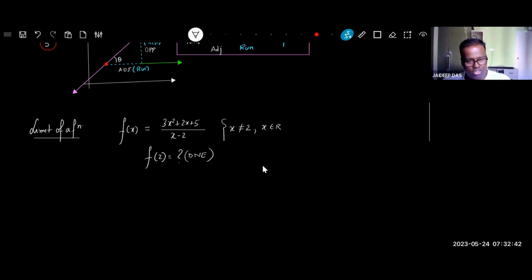Hitting you would be the irritation. Like when you fight with a small brother and say, don't touch me. Okay, I'll not touch, but I'm just going and doing this in front of you. Irritation is the same, but within the law. The law says don't touch me, I'm not touching you, but I'm irritating you. And we still find the value of f of 2, though we are not allowed to take 2.